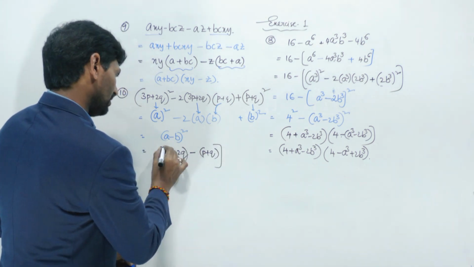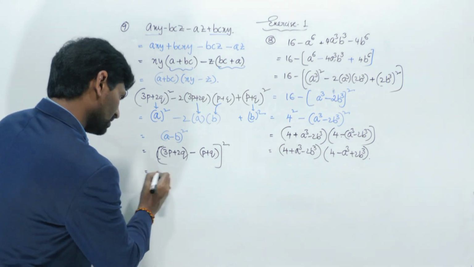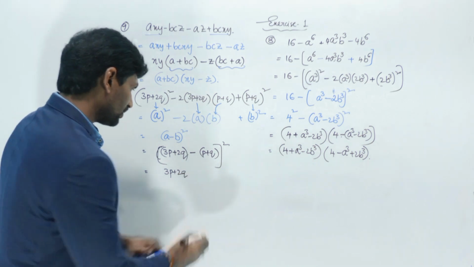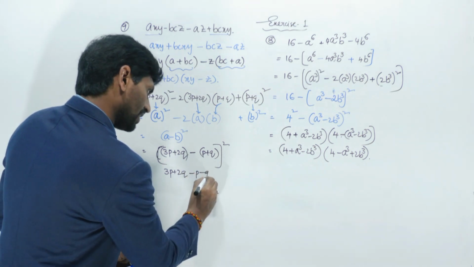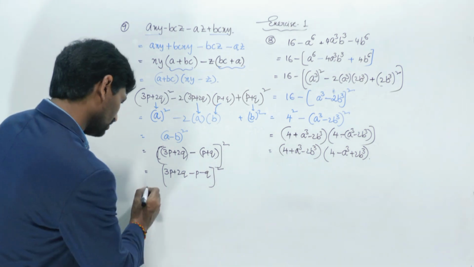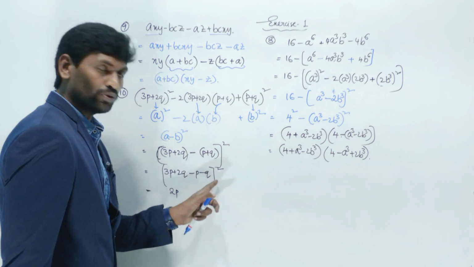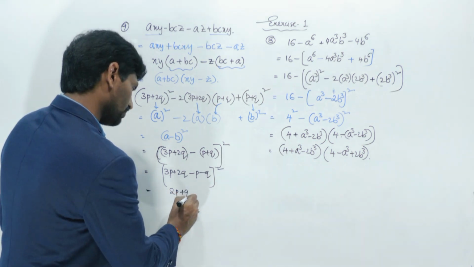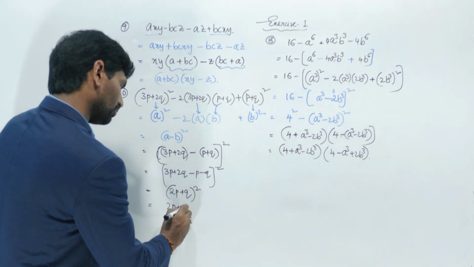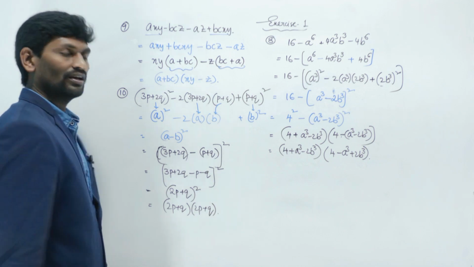A minus b whole square equals 3p plus 2q multiplied with minus p minus q, whole square. 3p minus p is nothing but 2p, 2q minus q is nothing but q. So 2p plus q whole square, nothing but 2p plus q into 2p plus q. Done.